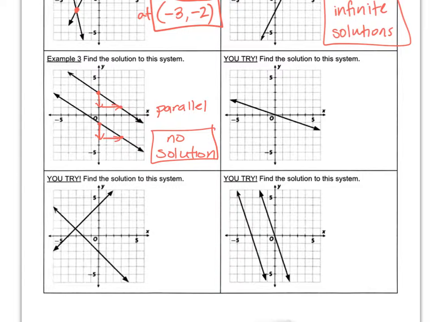Okay, here we go on the you-tries. On the first one, because you only see one line there, we're assuming that the second line is right above or below it. That means it is the same line. You don't have to mention that they're the same line, but this is just to tell us that they are the same line and they'll touch everywhere, and that means it is infinite solutions.